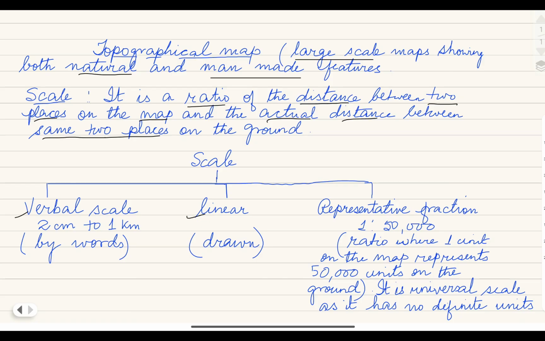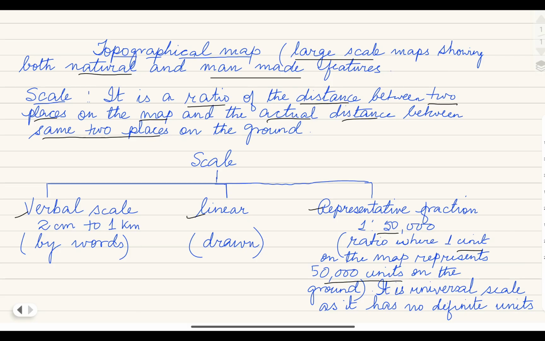And the third scale is representative fraction. Now how much is the representative fraction? 1 is to 50,000. Here, how do we read it? It is a ratio where 1 unit on the map represents 50,000 units on the ground.